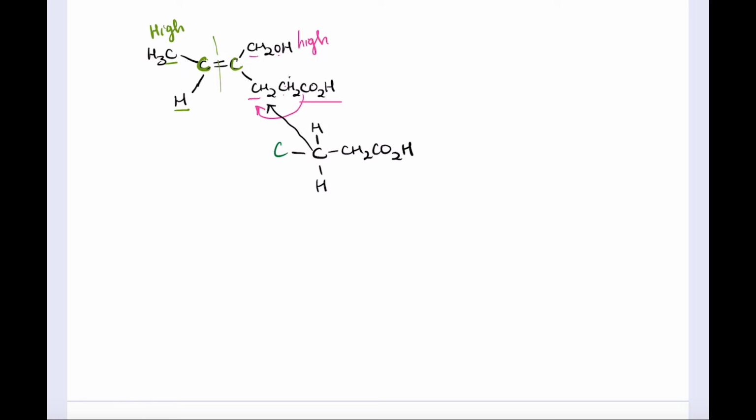That's why I'm saying that this has a higher priority than this, because you're looking at this carbon. You're looking at this carbon. You're not looking at this over here. So that's just a little trick that will help you: it helps to expand the atom out. And then from there you can compare.